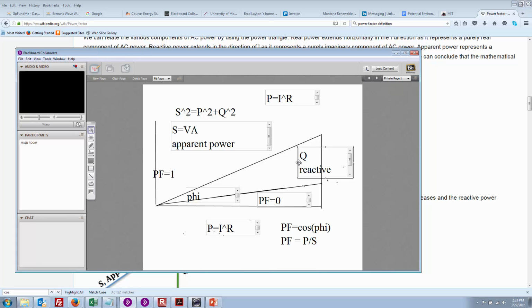S is always the greatest. And so what we're trying to do is get S more or less to equal P. So again, P is power, it's true power. The power factor, I was making it too difficult a second ago, I apologize. So the power factor is just the cosine of this angle.